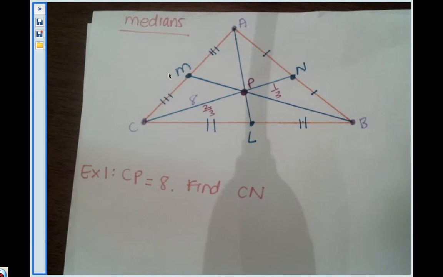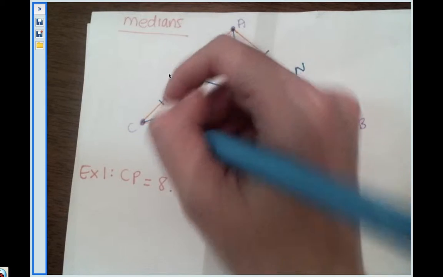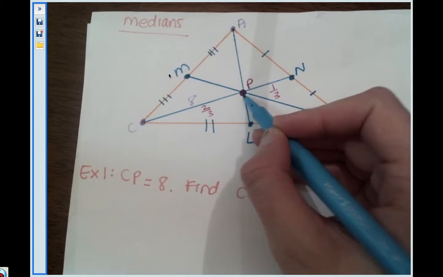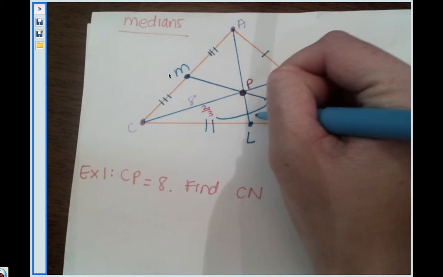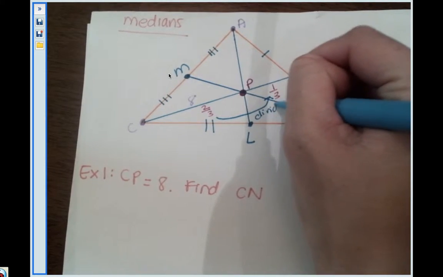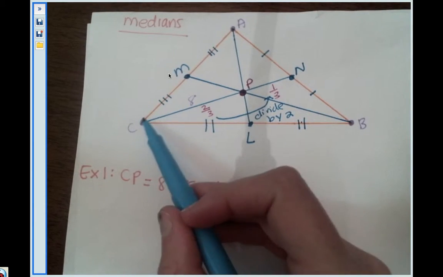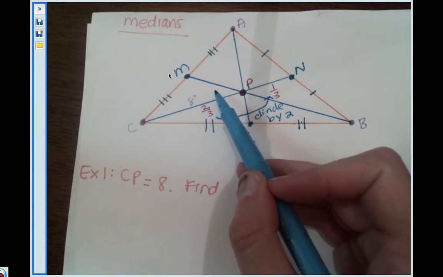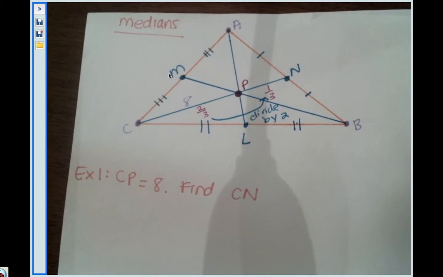So when we're solving, to get from the piece from the vertex to the centroid to this shorter length, we divide by 2. If I know the distance from the vertex to the centroid and I divide by 2, I'll have this piece of my median. The same is true if we go the other way.